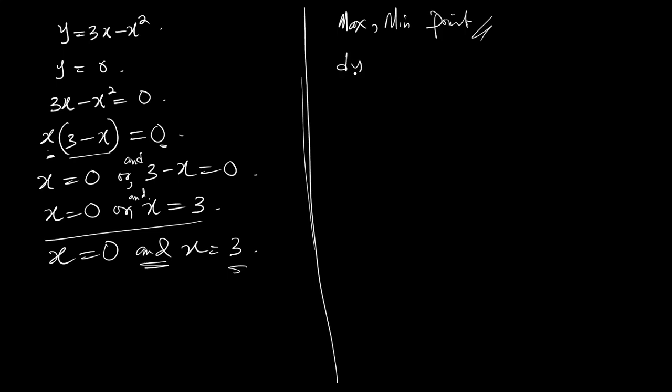Now let's differentiate: dy over dx will be equal to 3 minus 2x. Because if you have y equal to x raised to power n, dy over dx is equal to n x raised to power n minus 1.